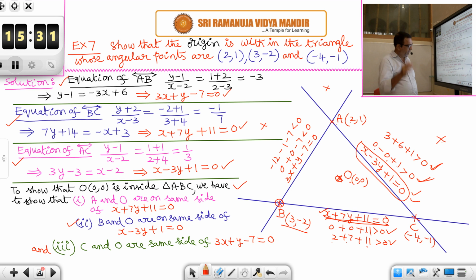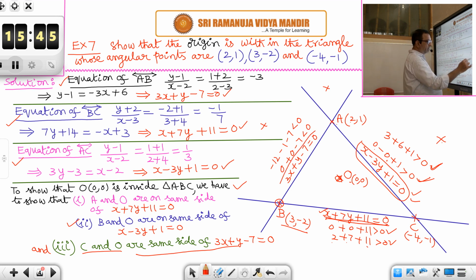That is also not enough. We have to see the third one also. C and O are on the same side of the line 3x plus y minus 7 equal to 0. See, this line we have to consider. All the three sides, three lines, we have to consider. Consider this line and show that origin and vertex C are on the same side.